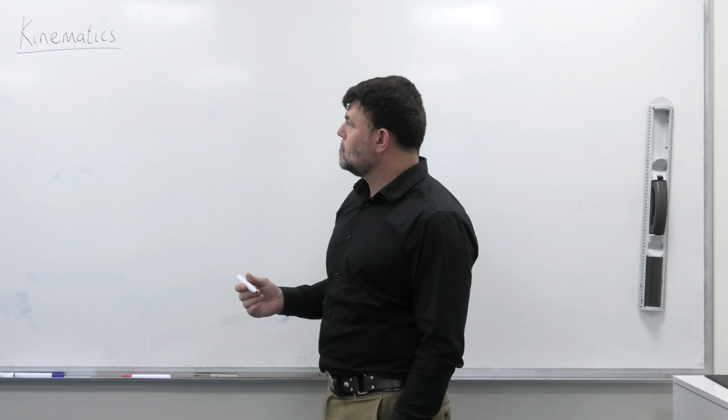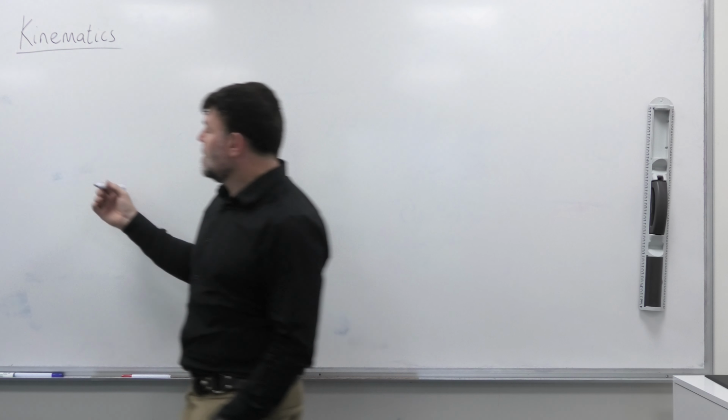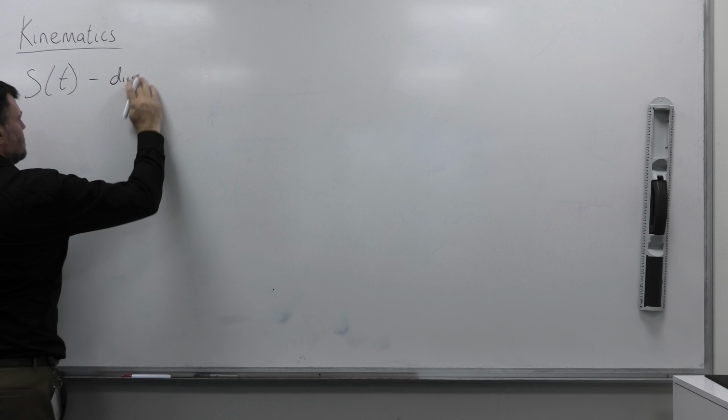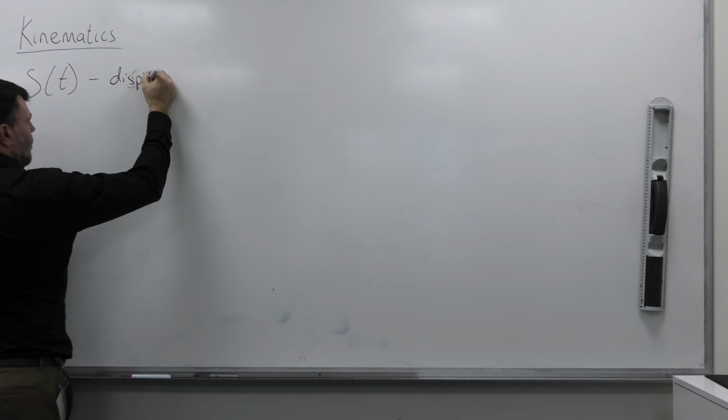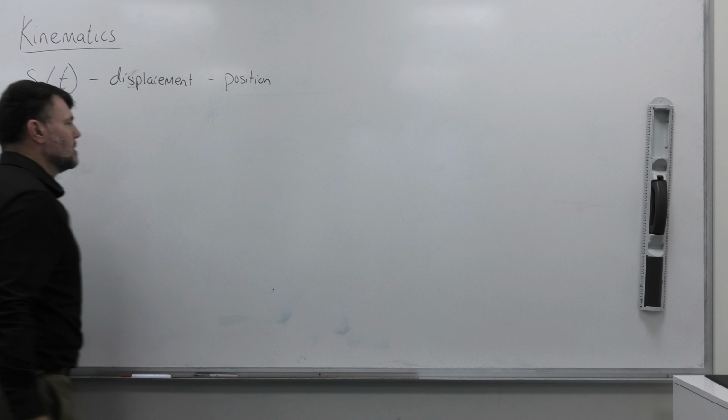When it comes to kinematics, there are three different types of variables that we need to deal with. The first variable is what is commonly known as s of t, and this deals with the displacement of the object, or another thing we call it is the position of the object.